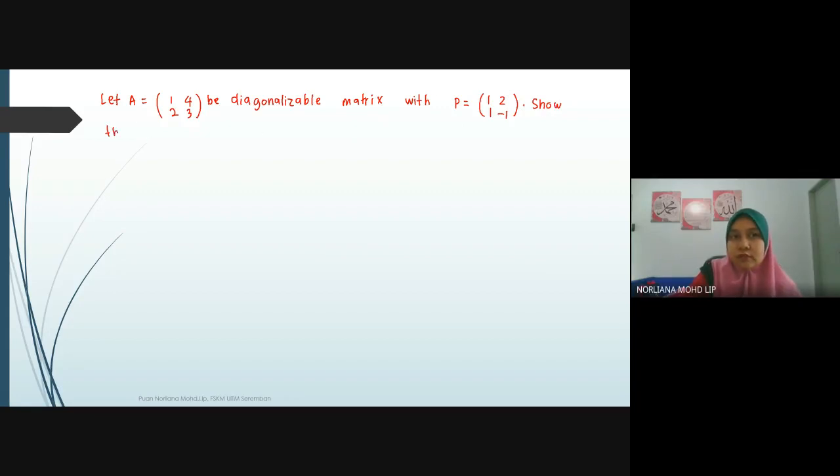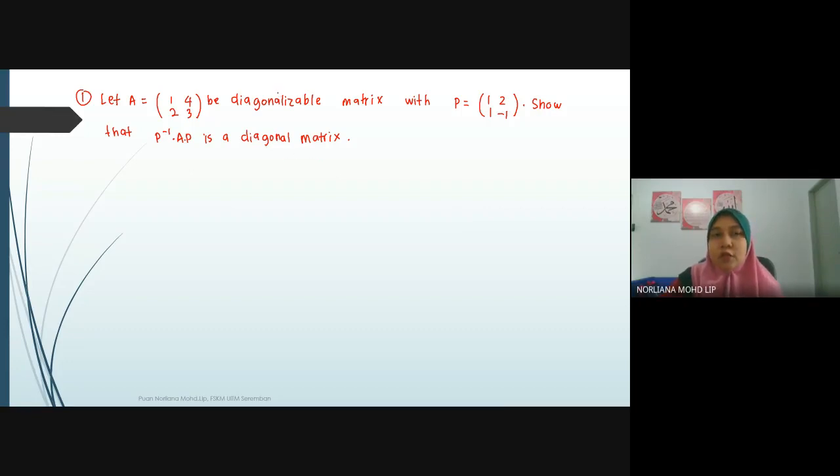Show that P inverse times A times P is a diagonal matrix. This is what we want to prove.